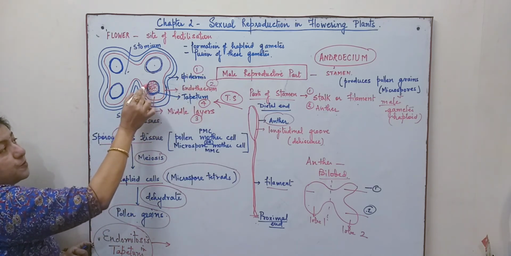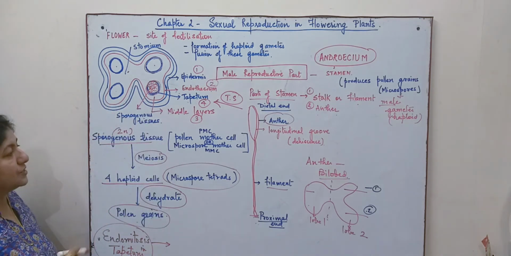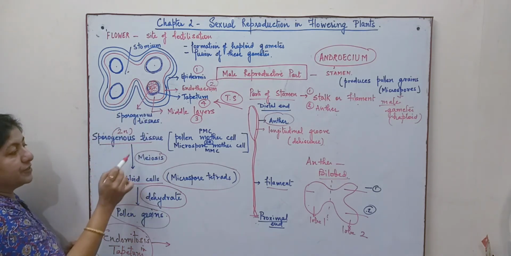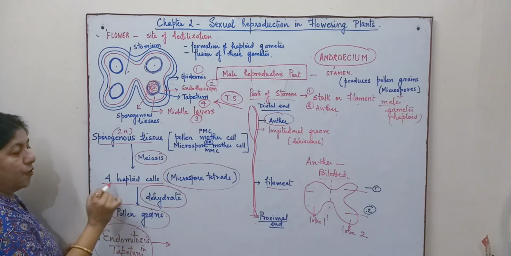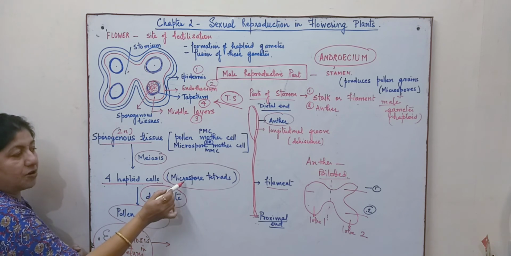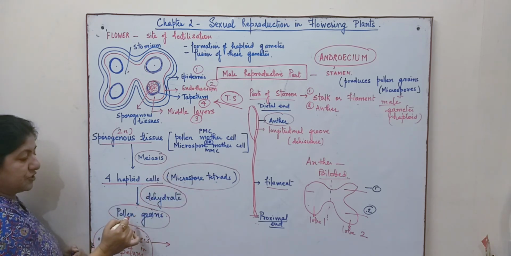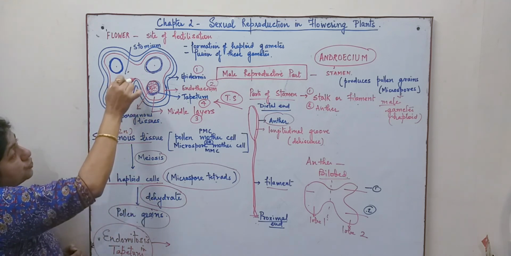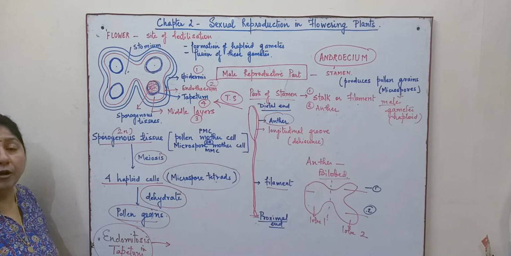This microsporangium consists of the sporogenous tissues, which are diploid structures, and on meiosis these will form the 4 haploid cell structure called microspore tetrads. Further dehydration of the surrounding tissues will lead to the formation of the pollen grains.